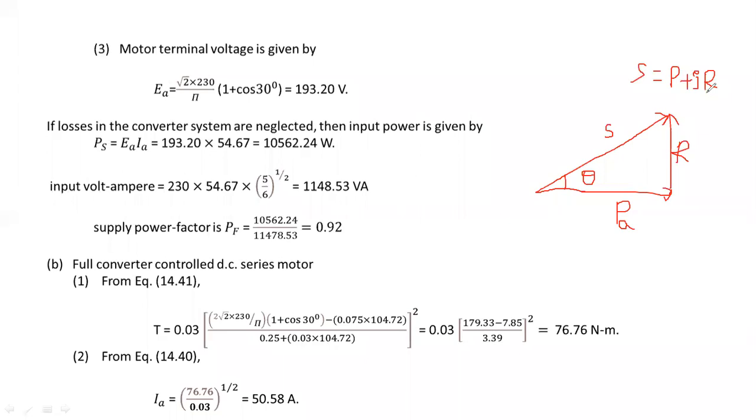You can represent I also. Okay. So S can be calculated as VRMS into IRMS. VRMS into IRMS, directly we will get the apparent power.